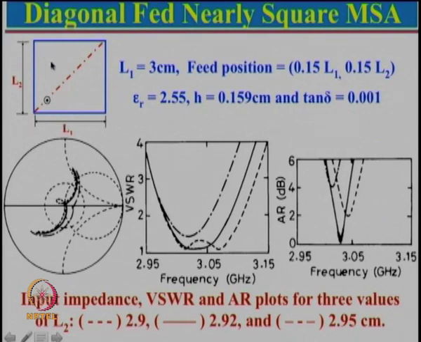If we change the diagonal position, feed along this diagonal, that will give us right hand circular polarization. But even here, if you take L2 larger than L1, then for this feed it will be right hand circular polarization. Okay. So, it is important to know in which direction the field is moving, and that is what determines our left hand or right hand circular polarization.